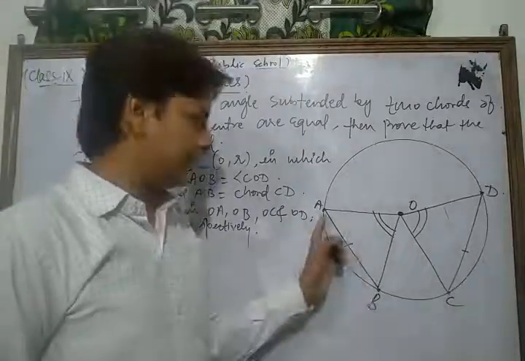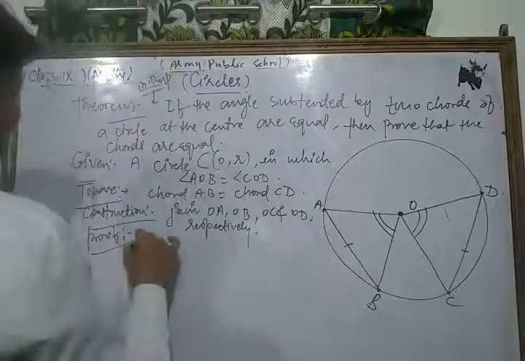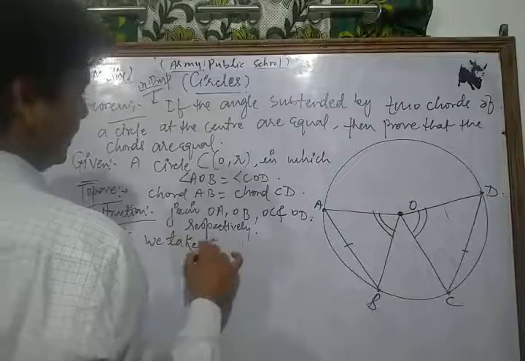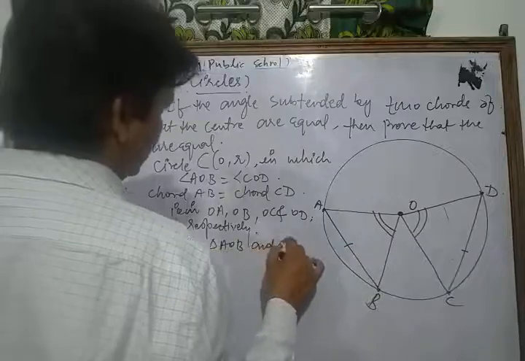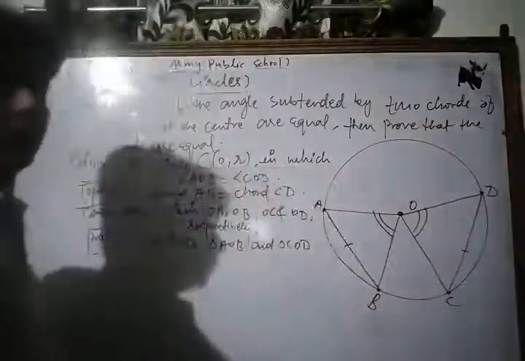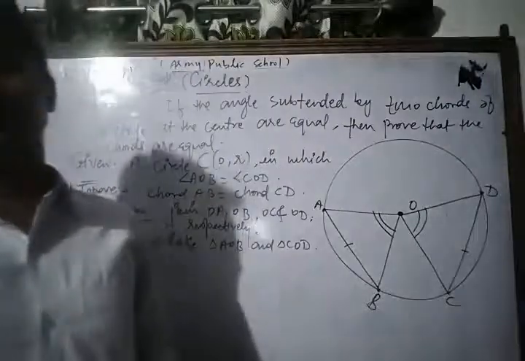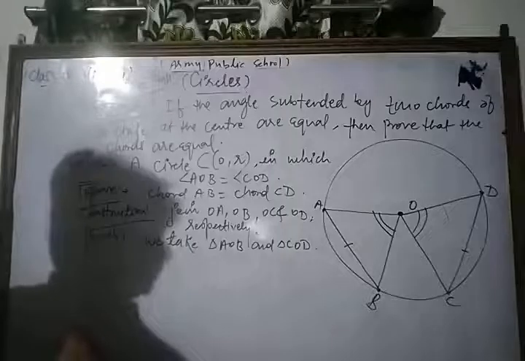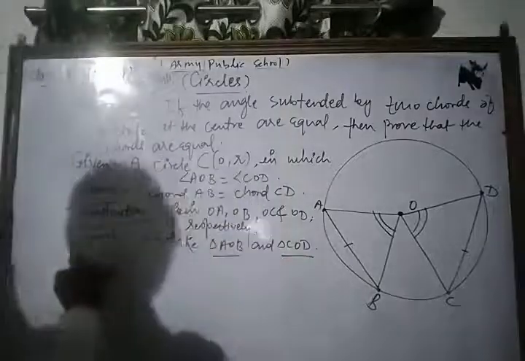Now dear students, we take triangle AOB and triangle COD. Within triangle AOB and COD we have what?